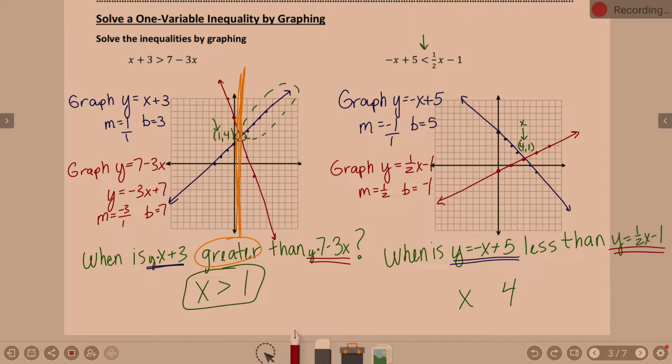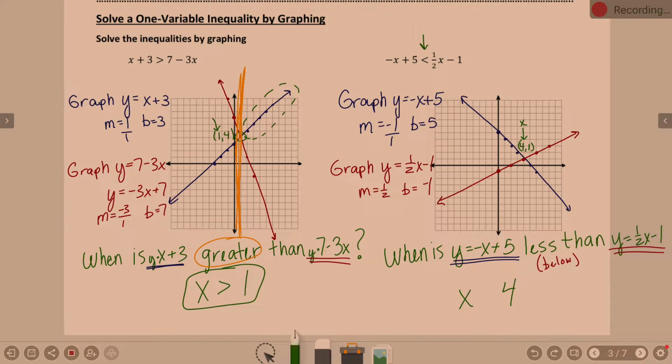So it's either to the left of 4 or to the right of 4. So when is my blue line below? It says less than. Think, when is your blue line below your red line? To the right.